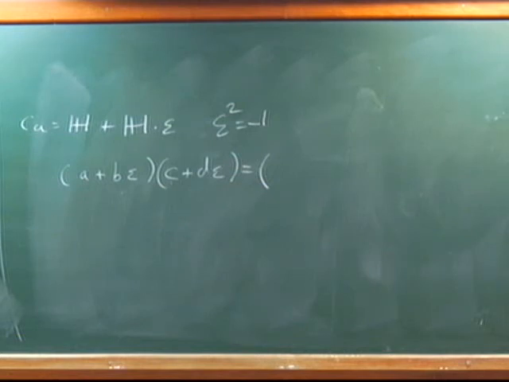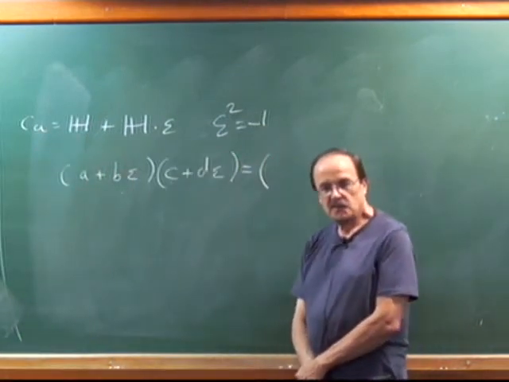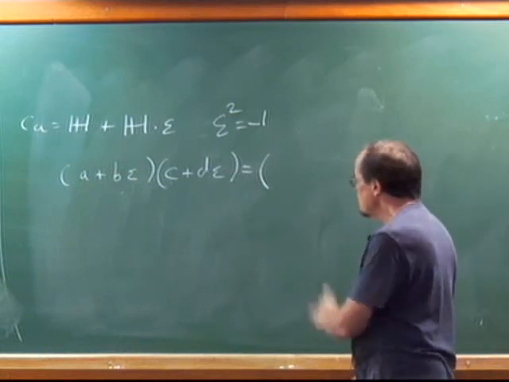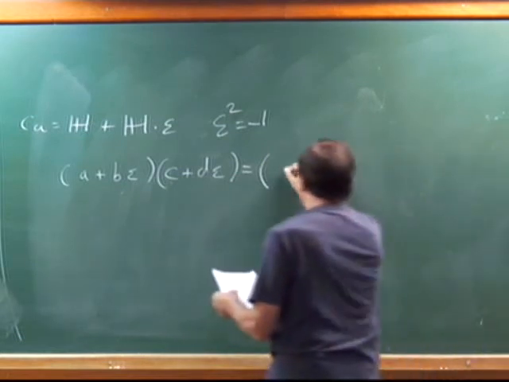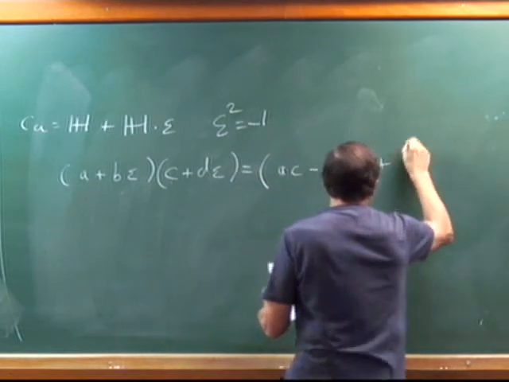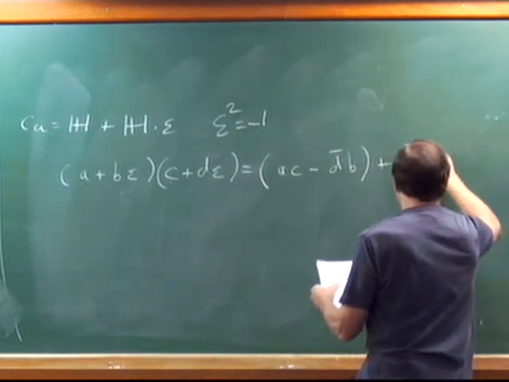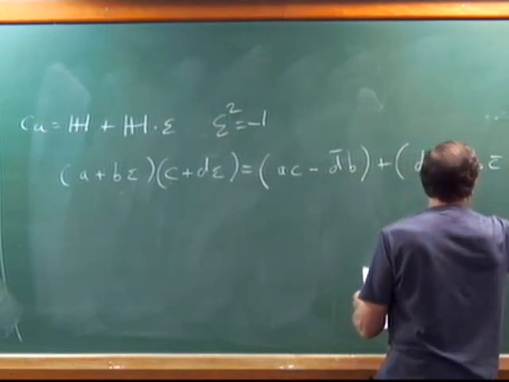If I go from C to H, the components are abelian. They commute with each other. If I go from H to Cayley numbers, the A and B don't commute with each other anymore. So I'm losing something. Therefore, the order is going to be important. And here's the order: AC minus D bar B plus (DA plus B C bar) times epsilon.